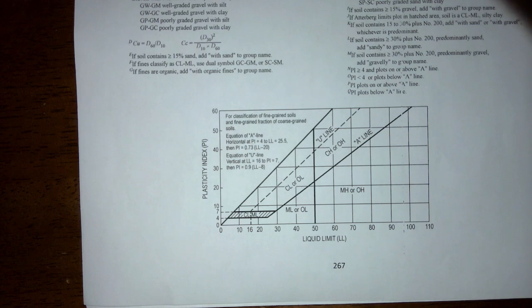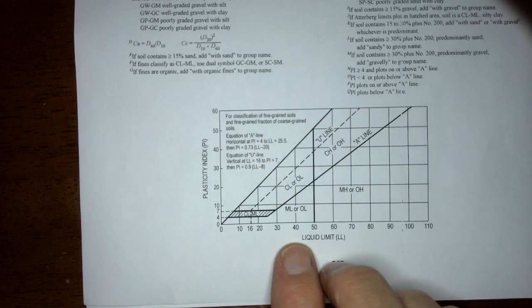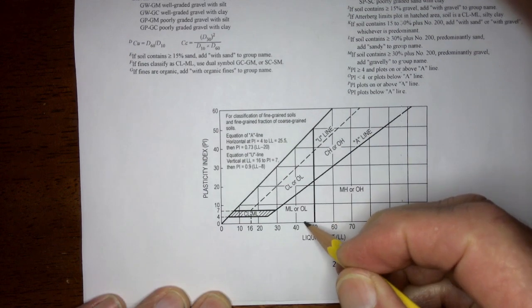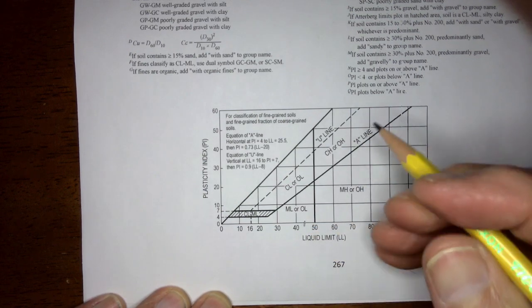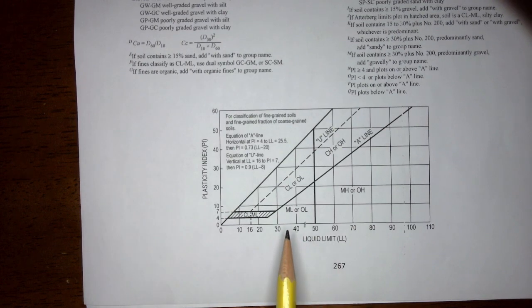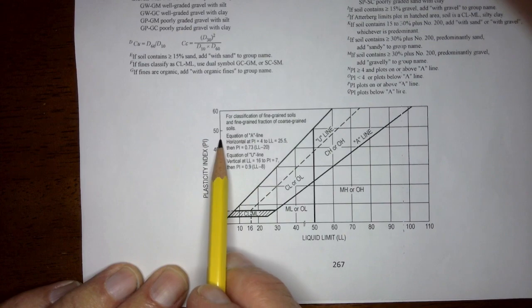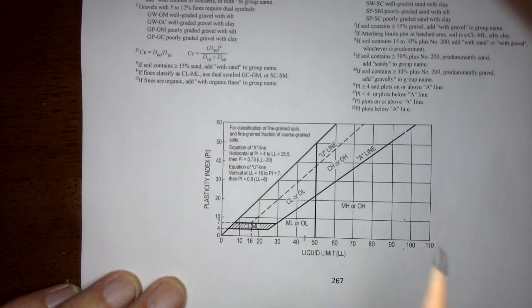So if you take a ruler, and let's say you have a soil that has a liquid limit of 45, and a plasticity index of 45. I'm just going to guess 45 right in there.